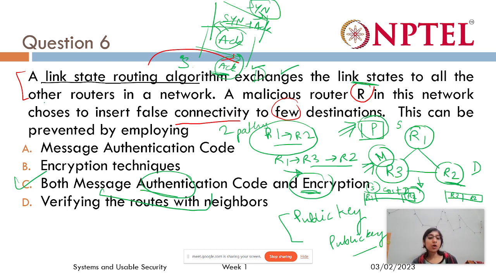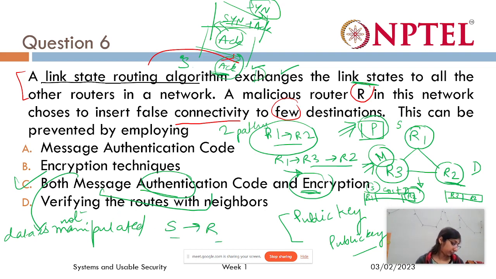So what exactly is the role? It ensures that the data is not manipulated on the path from sender to receiver by any intermediate router.